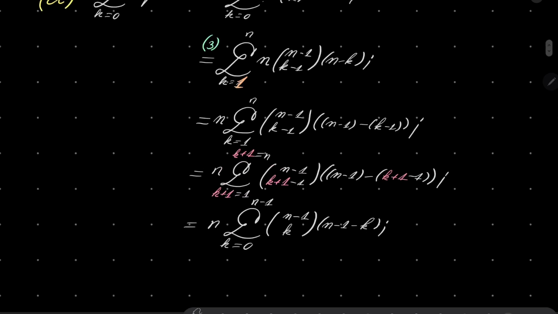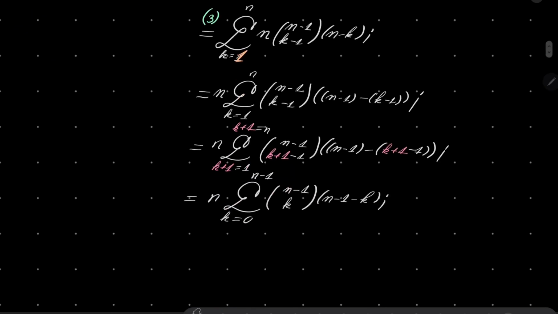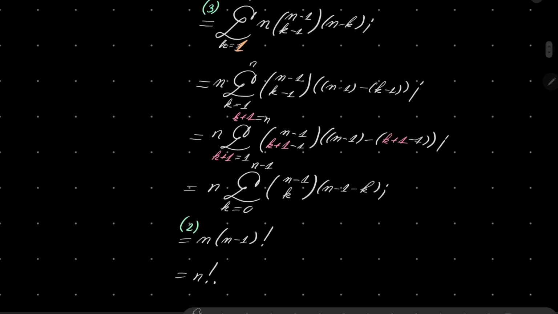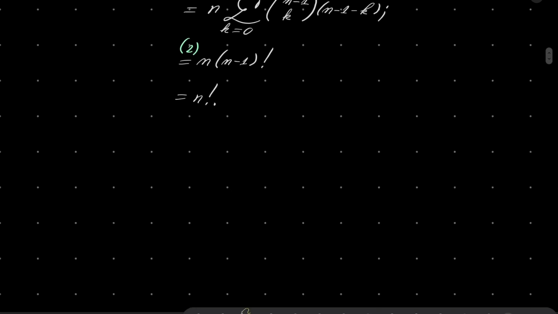And now, using my claim number 2, we are exactly in this situation, but instead of n, we have n minus 1, which does not change the fact that this sum, by claim 2, is n minus 1 factorial, which is n factorial. It's exactly what we wanted. Very nice. So that closes our proof of part A.